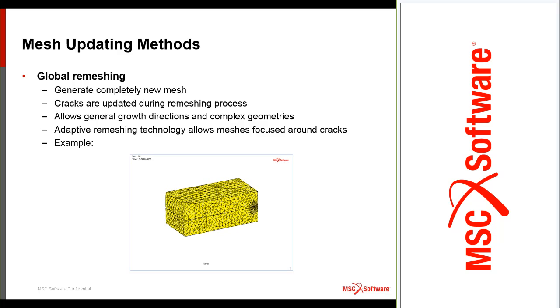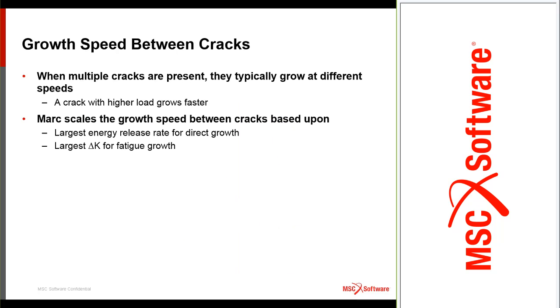And then next, there are some important aspects of crack growth that we want to be able to model. If you have multiple cracks, they will not grow at the same speed typically. You have one with a high load and one with a lower load. The one with a higher load will grow faster. So what we do in order to model that is that you, as a user, specify the growth increment.